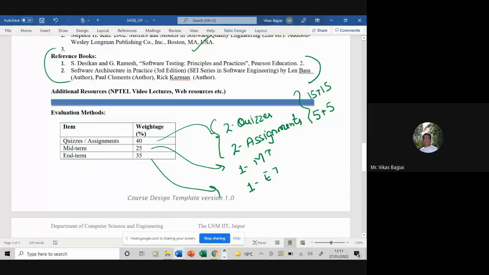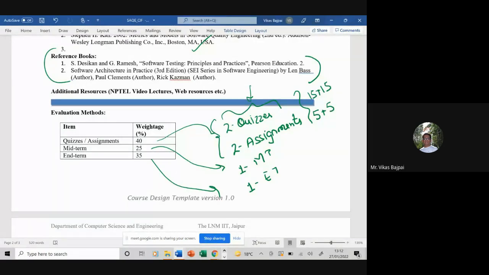Looking at the current scenario where things are not in the normal shape, normally I prefer to take surprise quizzes.